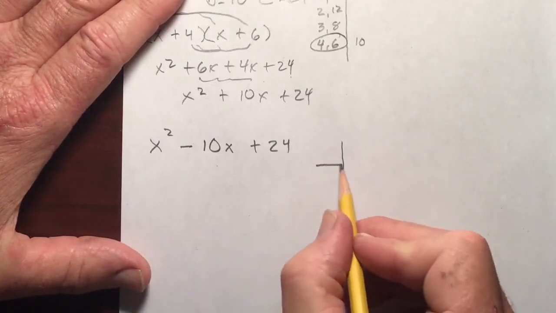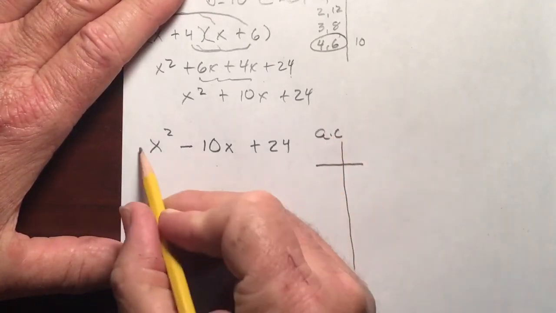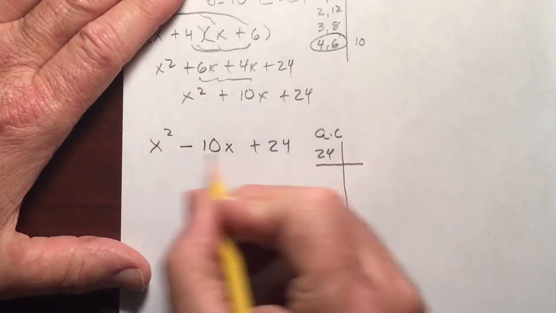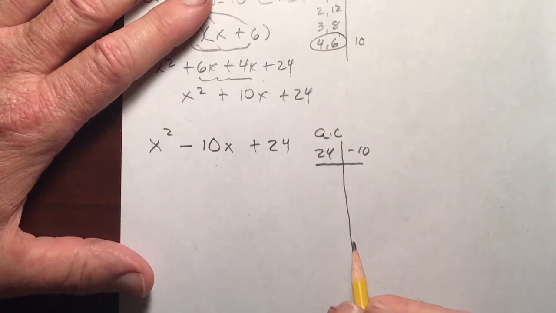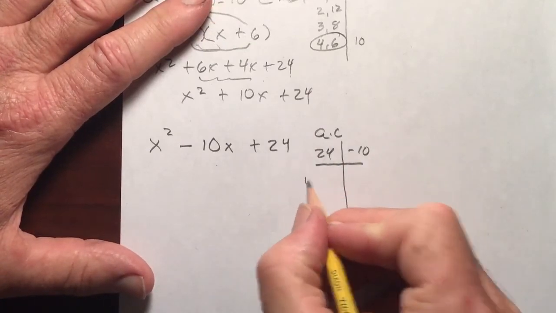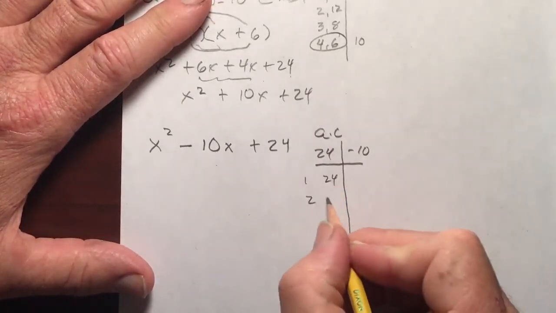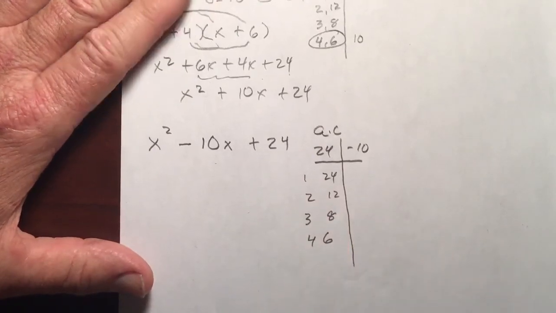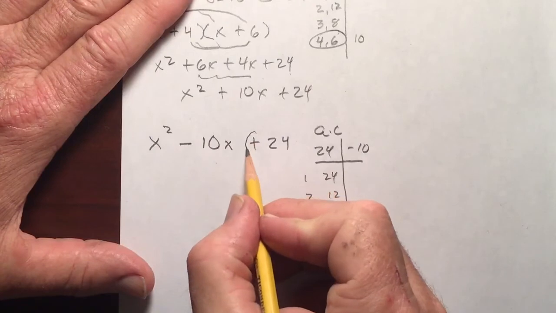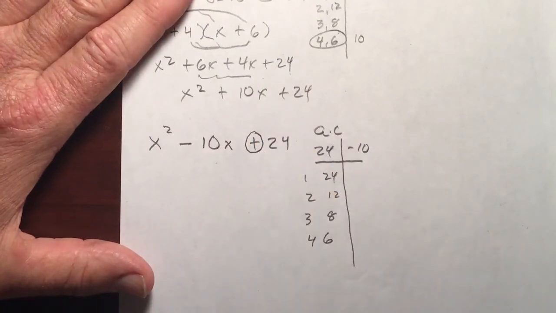So 1 times 24 is 24, and negative 10. I list all the numbers that give me 24: 1 and 24, 2 and 12, 3 and 8, 4 and 6. Remember, this tells me the pair has the same sign, and this tells me they're both negative.